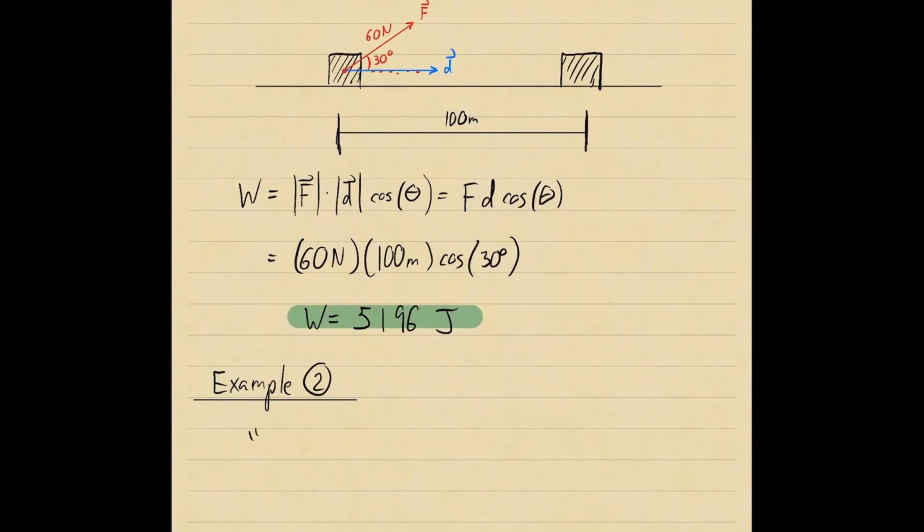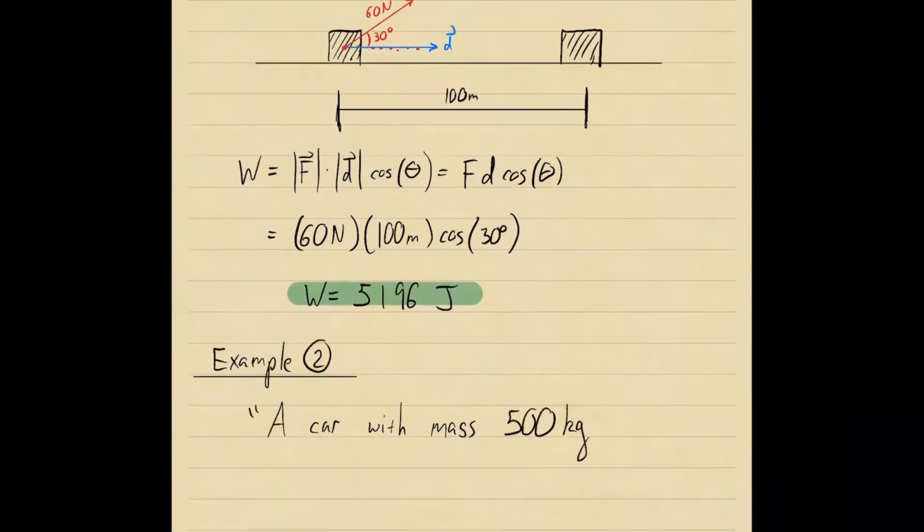Example 2 says that a car with mass 500 kilograms accelerates from rest and reaches a velocity of 20 meters per second.